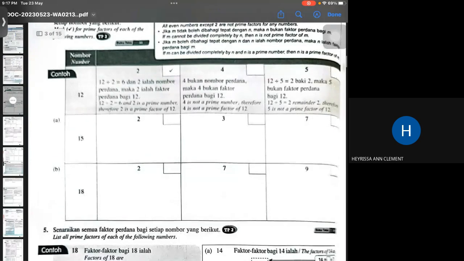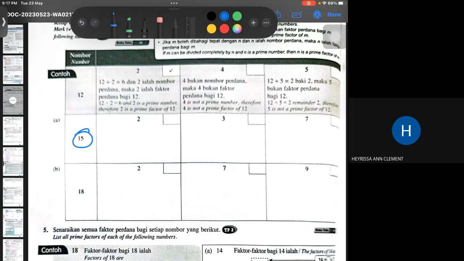Okay, and then for this question, is it a prime factor for this number? 2 is a prime factor or not? So if it's a prime factor, the number must be a prime number. So this one is a prime number, prime number, prime number, prime number, prime number, not a prime number.